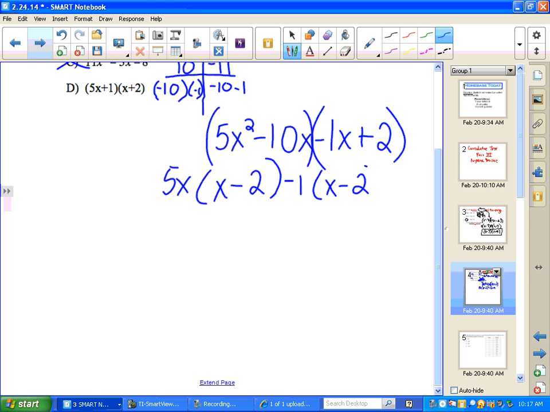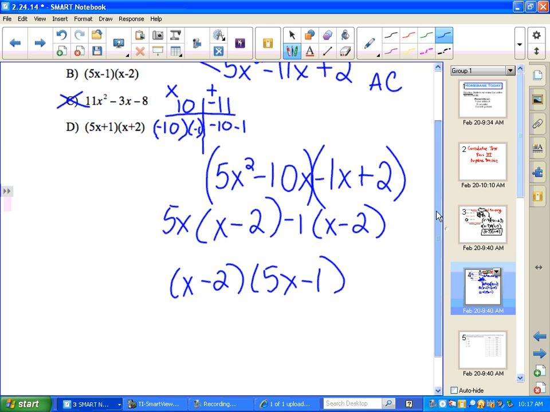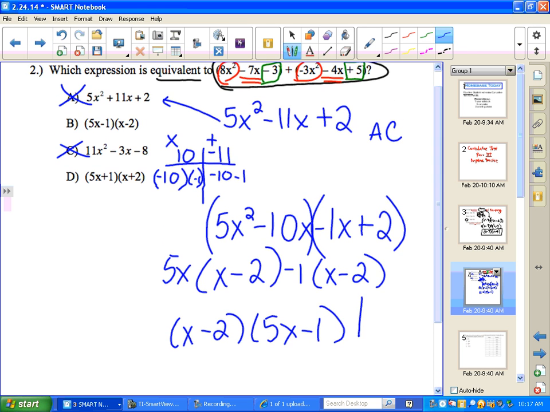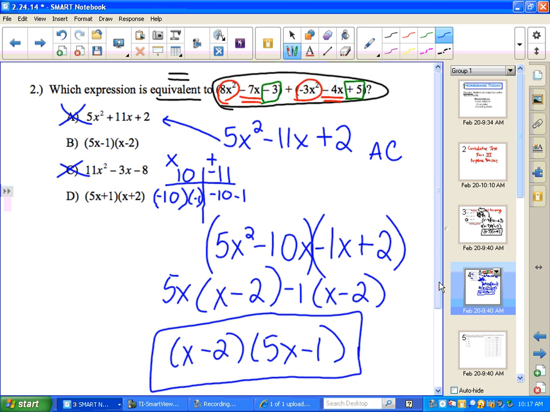The GCF in the second part is negative 1 because the first term's negative, so we are left with x minus 2. Take the binomial that's repeated, which is x minus 2, write it once. Take what you're left with in front, write it again. So completely factored, we get x minus 2 and then 5x minus 1, which is the exact same thing as letter B. So letter B is the answer.